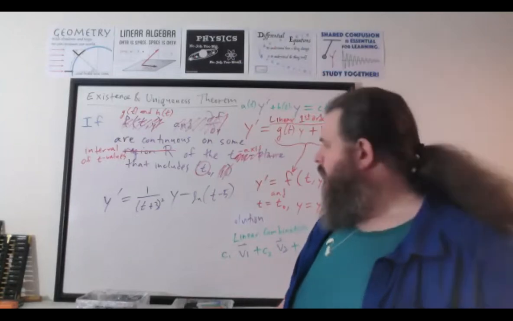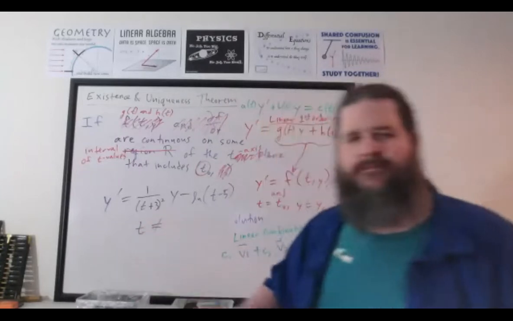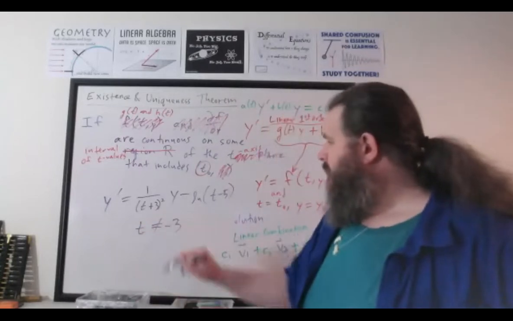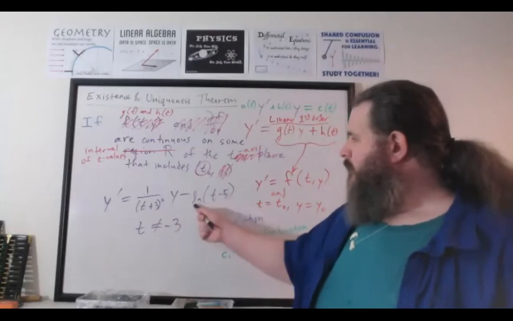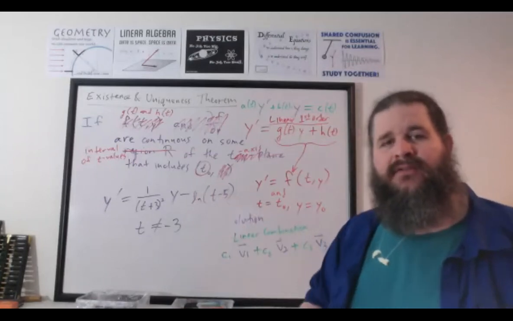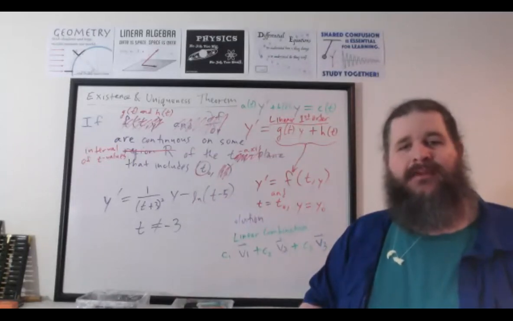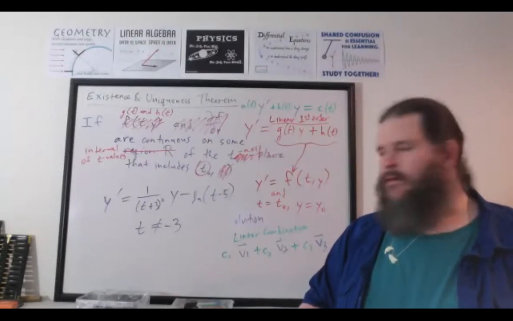Yes. And what would those be? t cannot equal -3 and 5. And moreover, you can't take the logarithm of a negative number. So that says not only that t can't be 5, but that t has to be what sort of value? Greater than 5. Yeah.